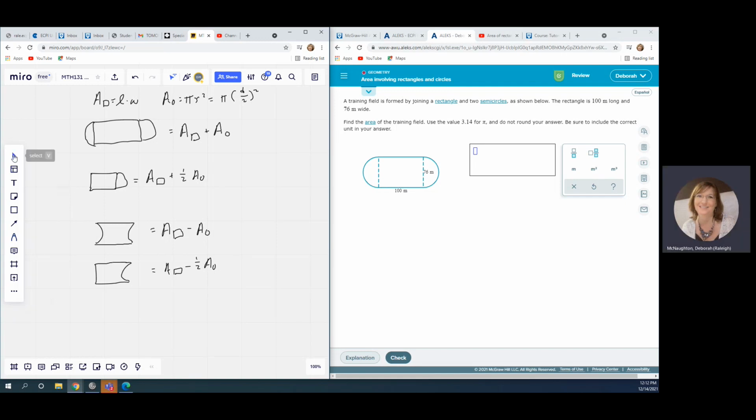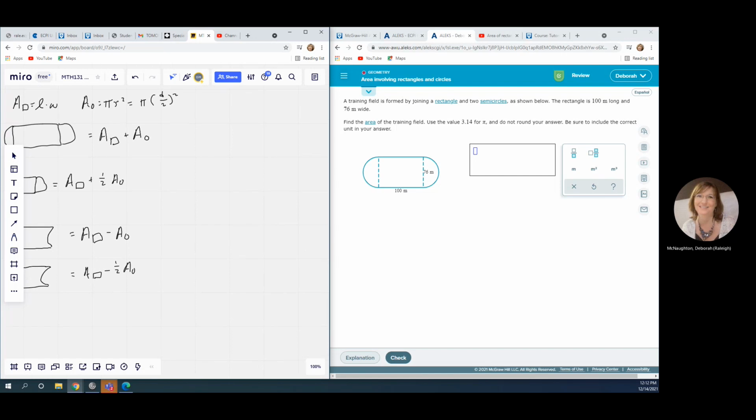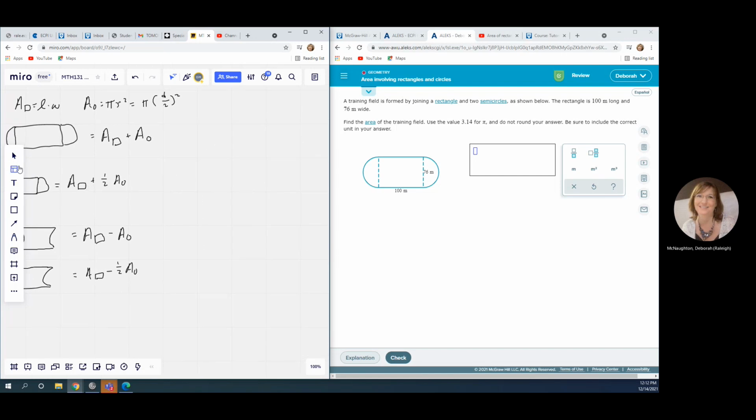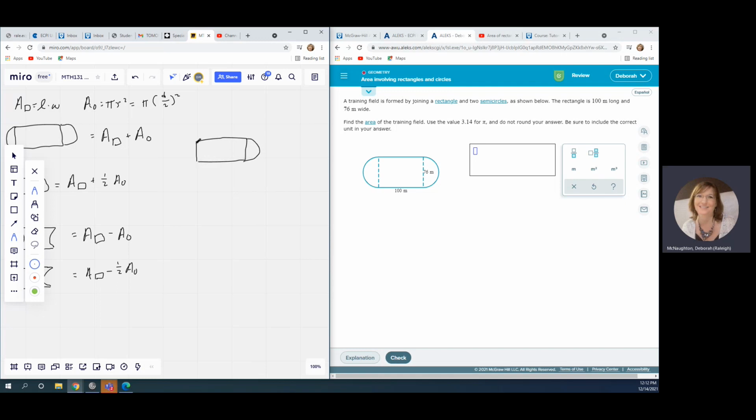So for this first one, I have a rectangle that looks like this, and then I have 2 halves of my circle. These should be dashed. So this is 100.